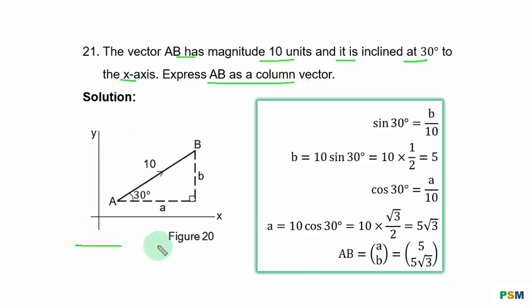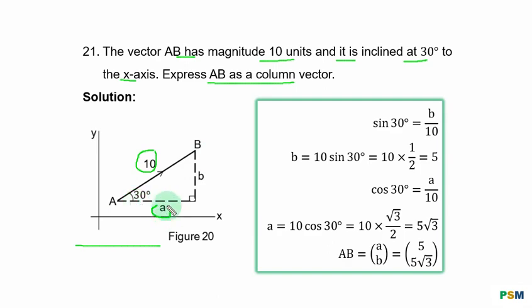We have the x and y axes. You have the vector AB, 10 units. We draw A towards the x-axis. If you take B down, you have a right angled triangle.